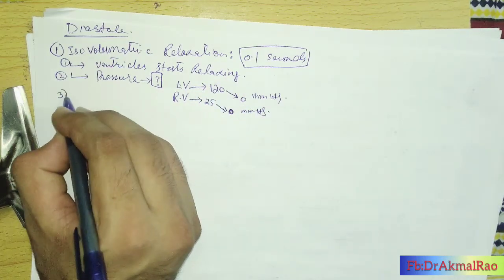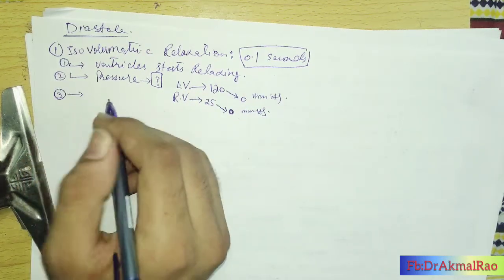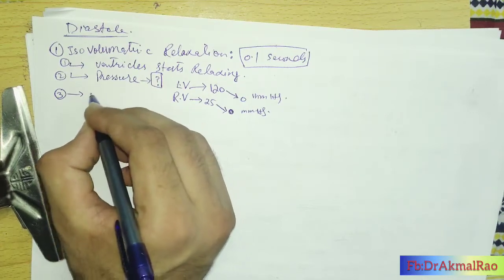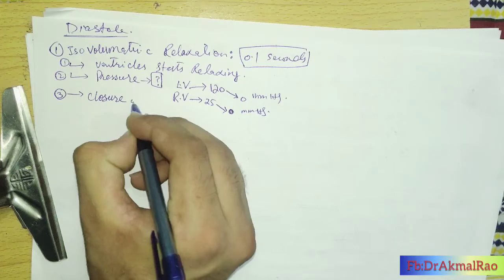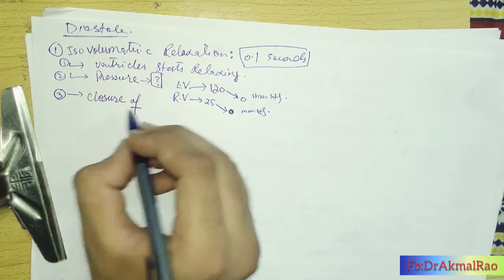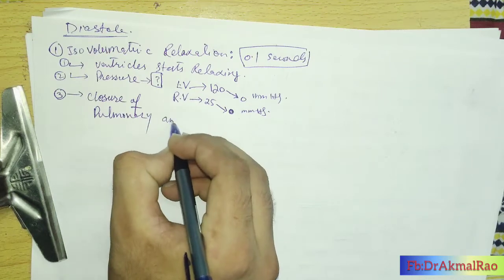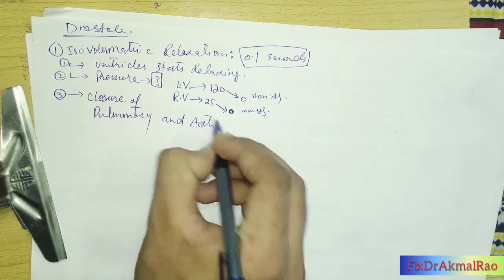The third thing that is going to happen in this phase is closure of the pulmonary and aortic valves.